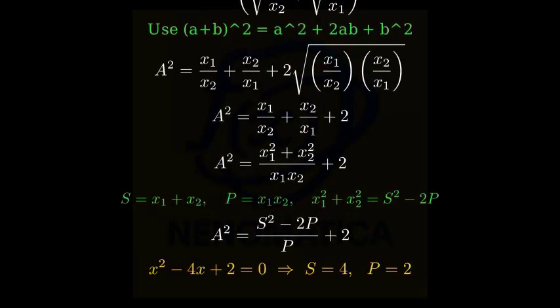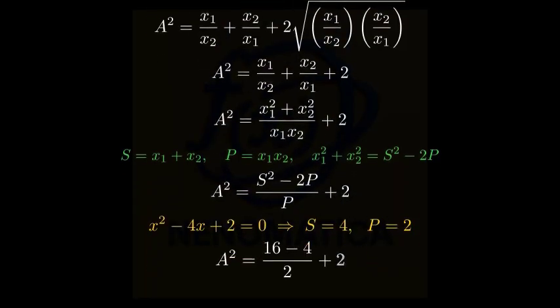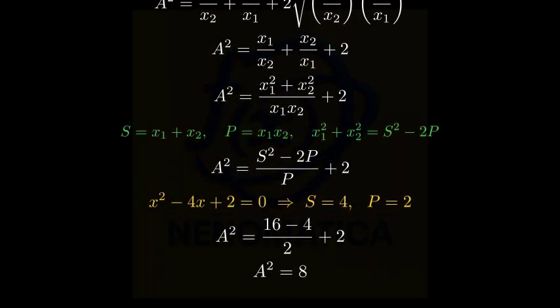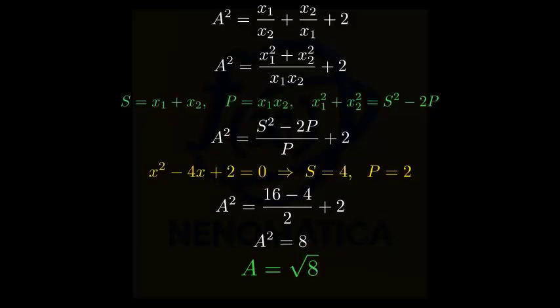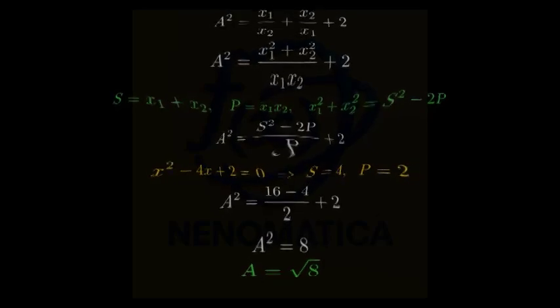From the quadratic x squared minus 4x plus 2 equals 0, Vieta's formulas give s equals 4 and p equals 2. Step 7. Substitute these into our expression for a squared. A squared equals 16 minus 4 over 2 plus 2, which simplifies to 8. Finally, take the positive square root for the magnitude of the expression. Therefore, a equals the square root of 8.